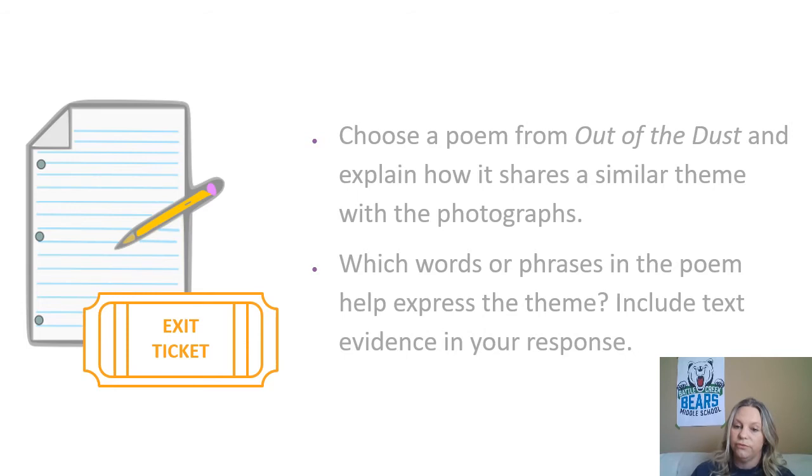Now, I think that Pa realized real quickly what he had said and how he probably hurt Billy Joe's feelings, but that statement alone gives us a really good idea of what the theme of this particular poem could be.